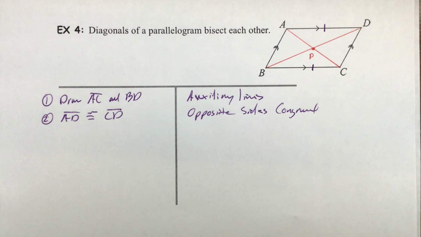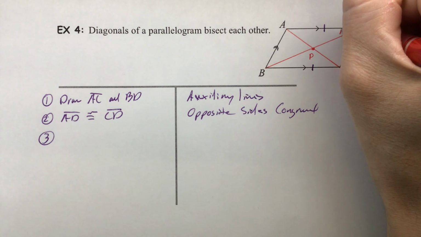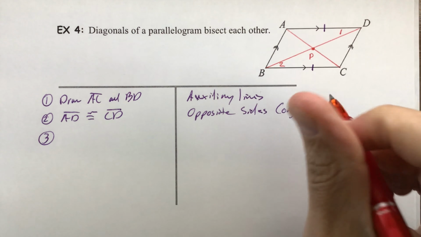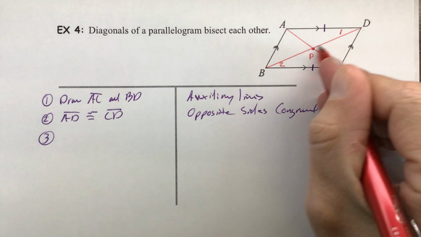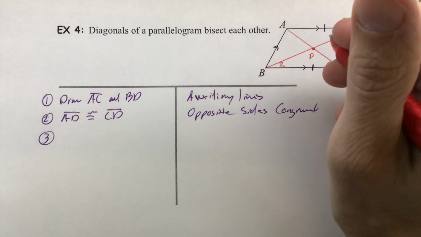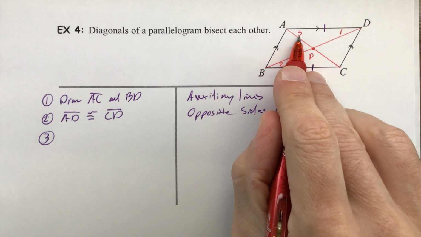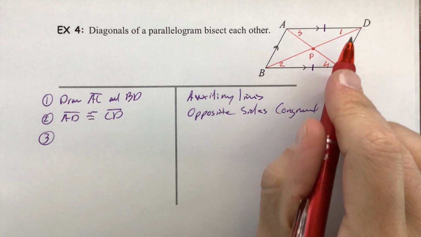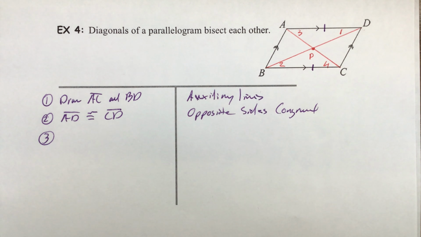What I'm going to do next is use some alternate interior angles. So for line 3, I'm going to write that angle 1 is congruent to angle 2 by AIA, and at the same time, I'm going to write down that angle 3 is congruent to 4 by AIA as well.